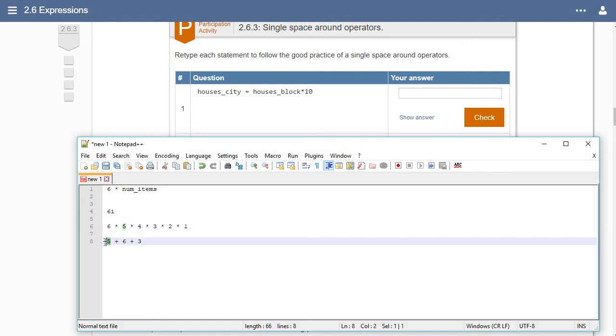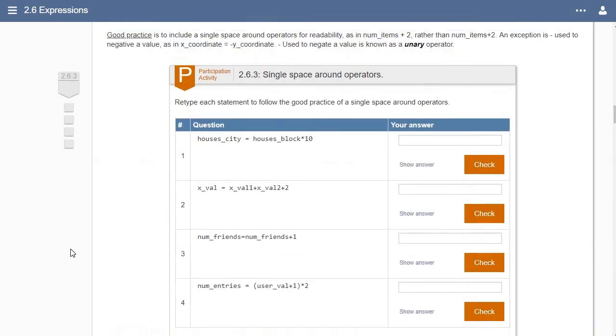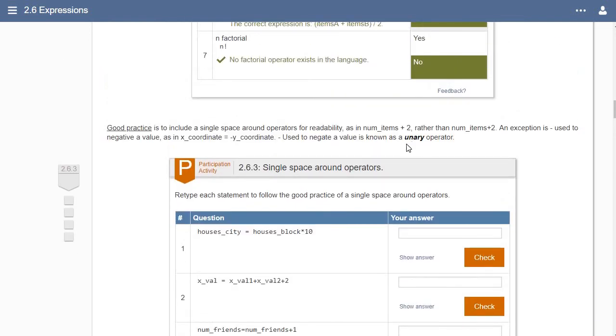This tells the computer that this is not minus 5, it's negative 5. And so negative 5 plus 6 would be 1, just as if I had said 6 minus 5. If you want to do it as a negative number, you don't put a space here. You leave those right beside each other. When we do this, we call that a unary operator.